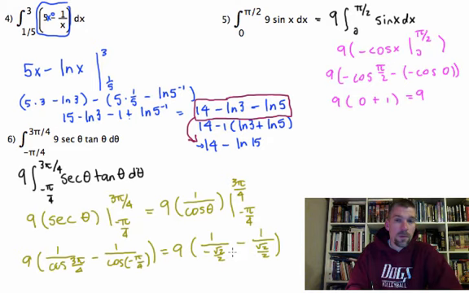And remember that we're working with fractions here. And when you have a fraction, you can multiply by the reciprocal. So what we end up with is 9 times negative 2 over root 2 minus 2 over root 2.